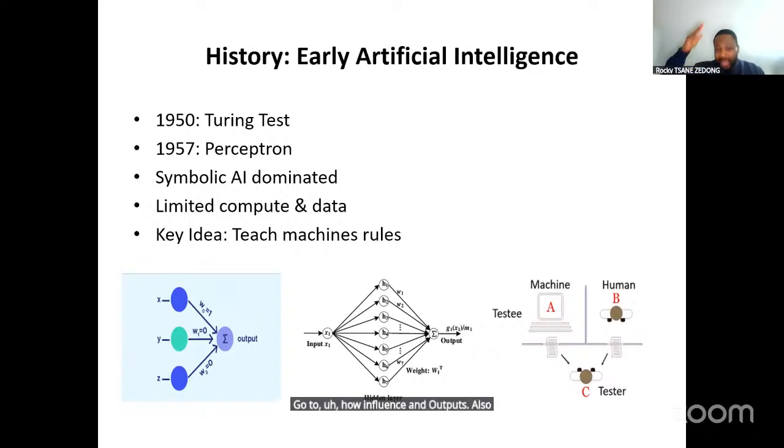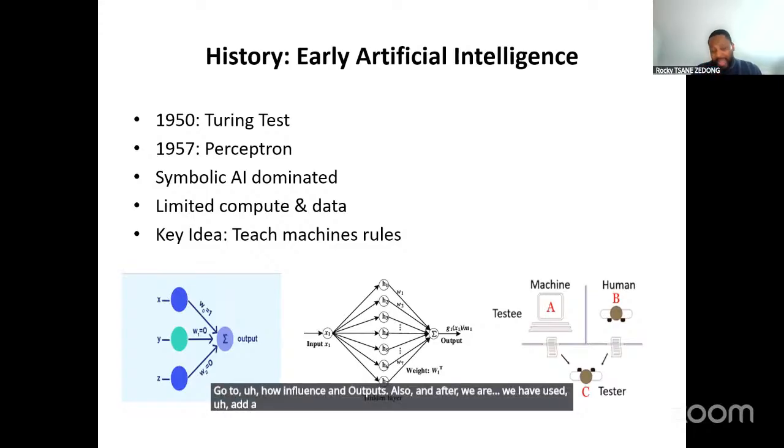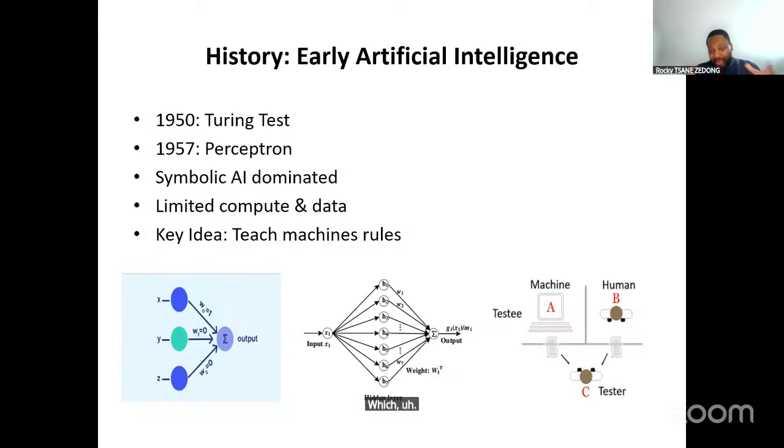And after that, we add some layers, a hidden layer, which influences the outputs even more. That's the starting point of artificial intelligence.